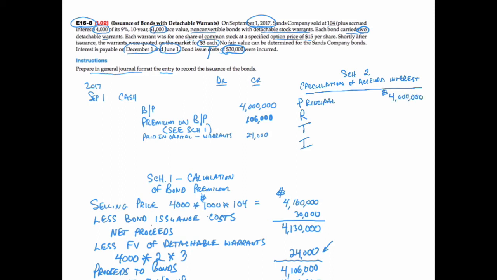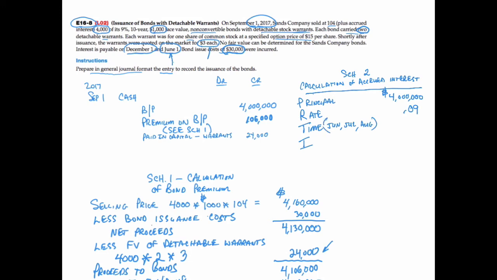The rate is 9%. The time, since June 1, June, July, August have passed by, and we need to accrue for those.